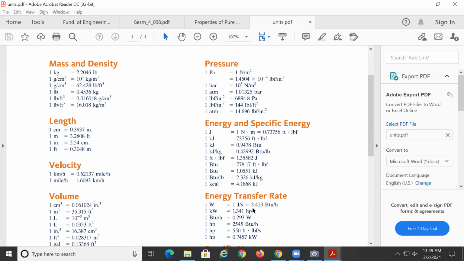Which one do we need to use, the BTUs or the pound force? Everything else is in BTUs, so we need this one in BTUs. So here we have 2,545 BTU per hour divided by 1 horsepower.